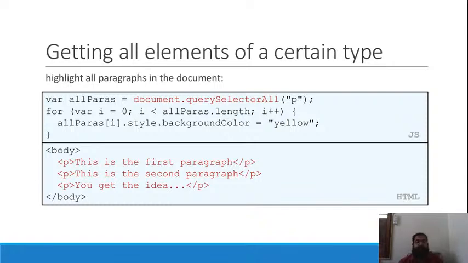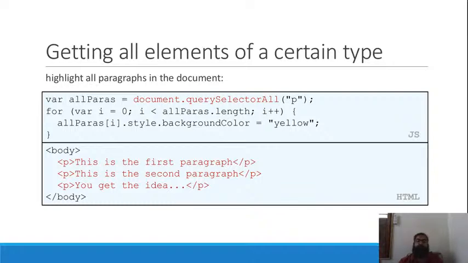This is how we can set a particular style for all the selected paragraphs. Okay, and you can see that if you have an HTML like this, then it will select all the p tags, okay, and return them in an array of objects which are selected by the querySelectorAll.